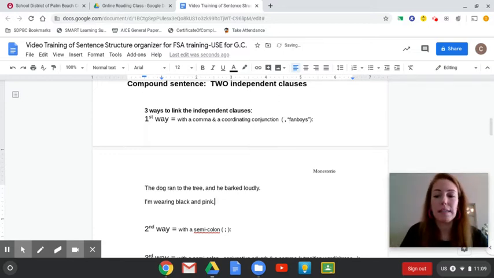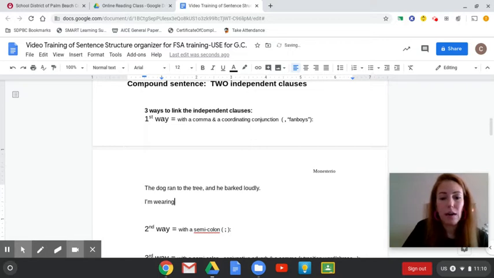Now I have a fanboys, and. Let's look after it. Pink. If I just said pink, is that a complete thought? No, that's not a complete thought because I'm just listing two things. So if I say I'm wearing black and pink, I would not put a comma there because this is not independent over here. It has to be independent. We'll get back to that. That's just a side note I wanted to tell you because some people make that mistake.